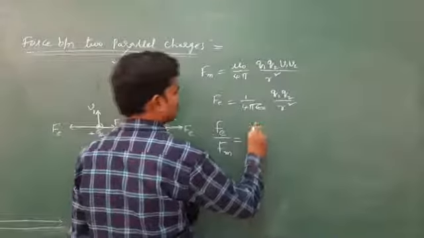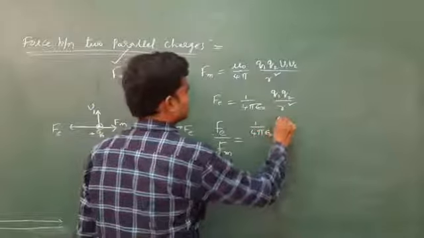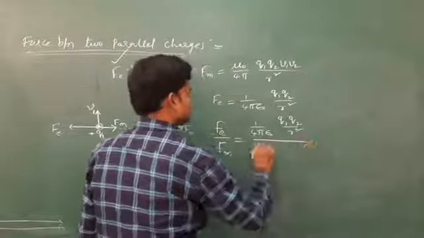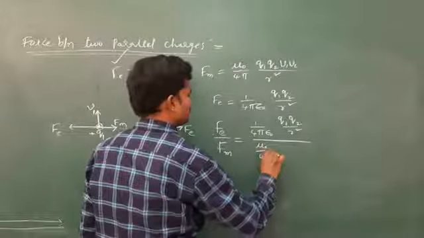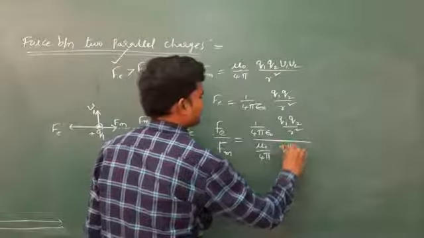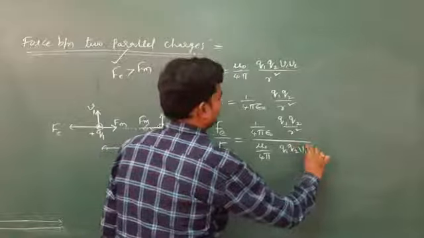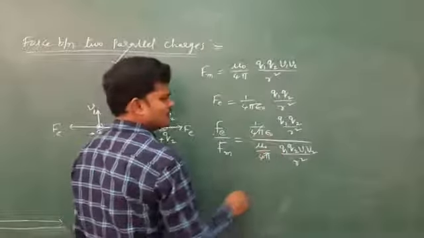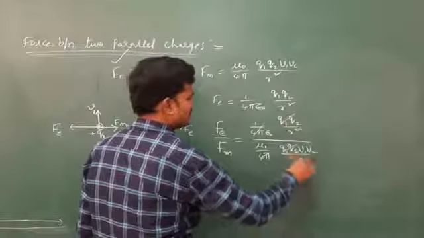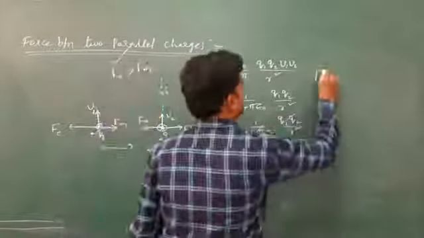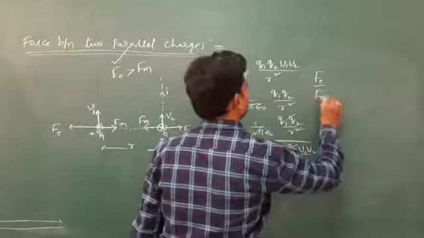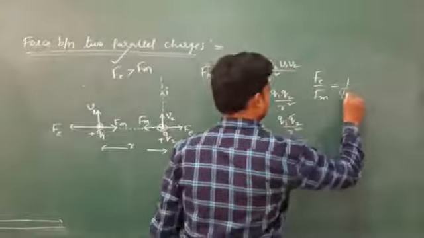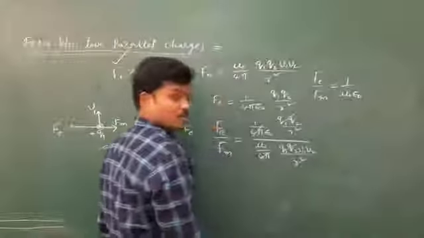So q1 q2 by r square over mu naught by 4 pi q1 q2 v1 v2 by r square. The ratio of the electrostatic force to the magnetic force between two charged particles is 1 by mu naught epsilon naught, times 1 by v1 v2.